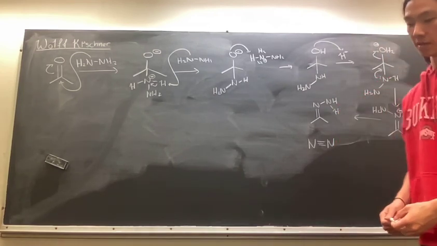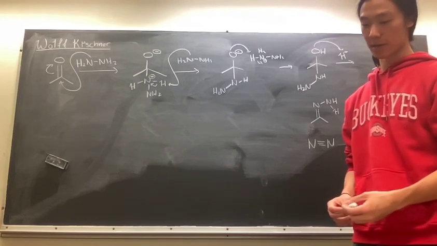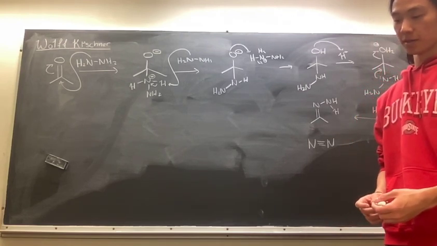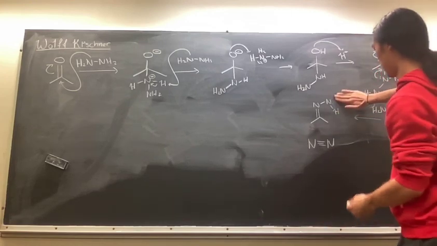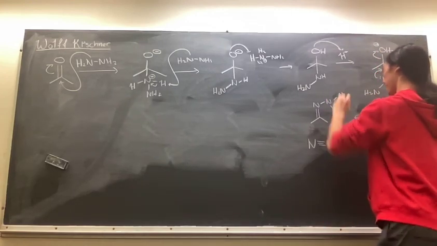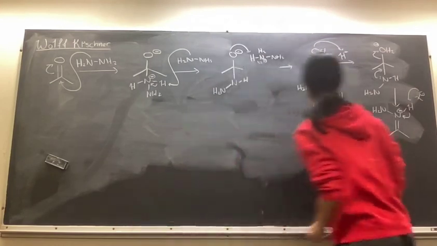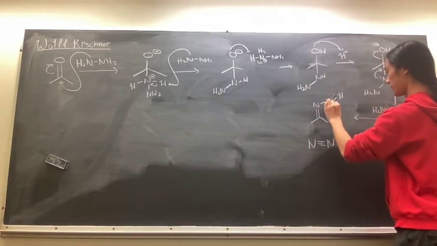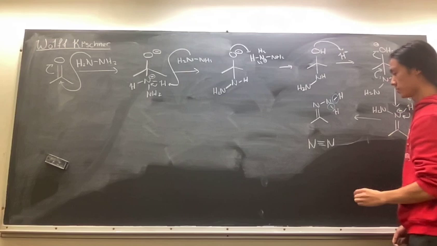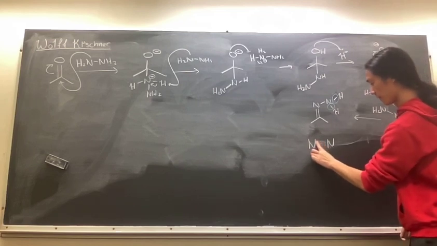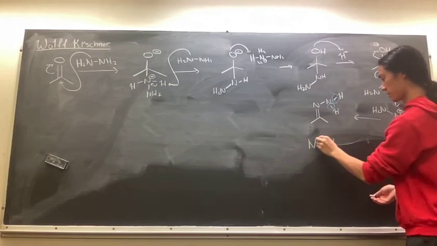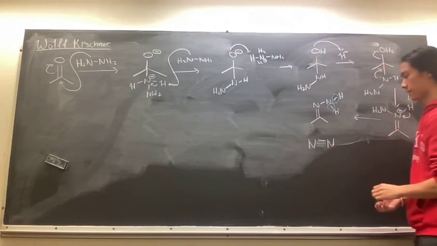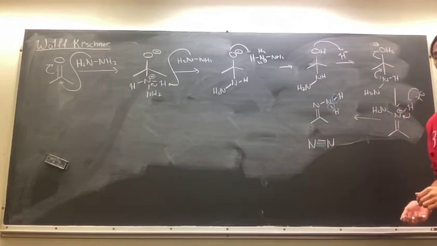And what we're going to do to get this is that we will just start deprotonating like crazy. Because we can think of these electrons and these bonds with the nitrogen as forming two of the bonds in this. We can think of it like that.